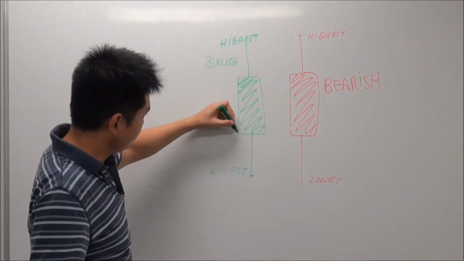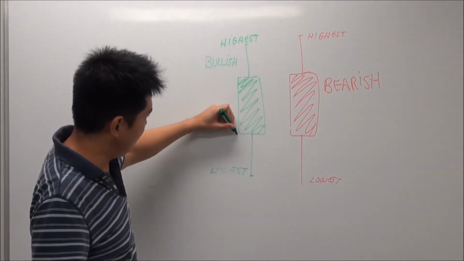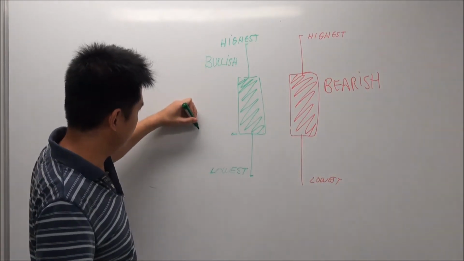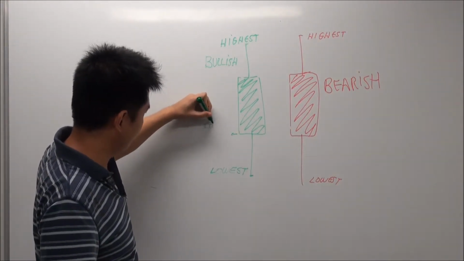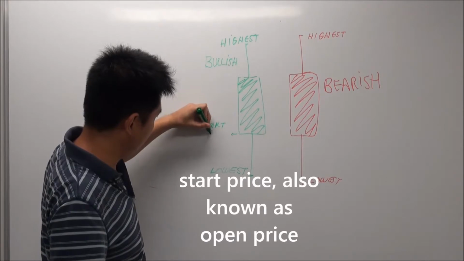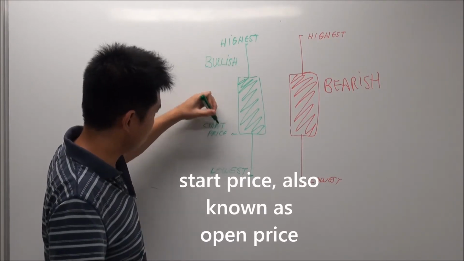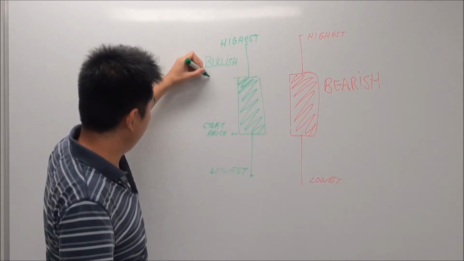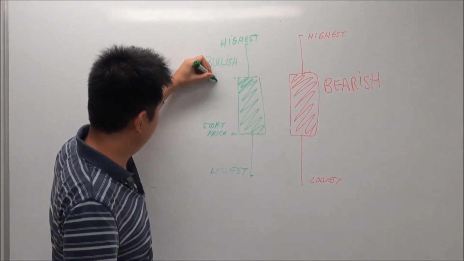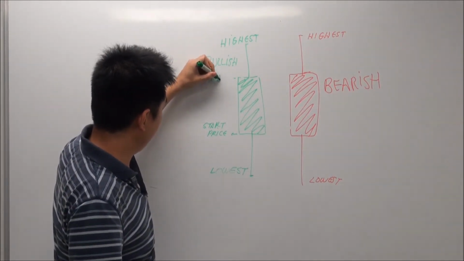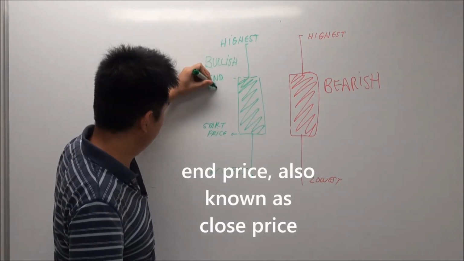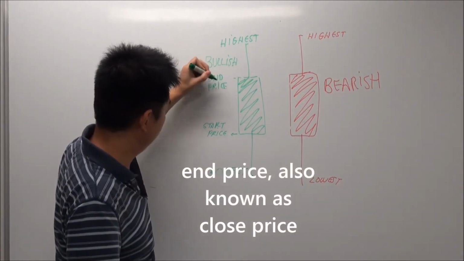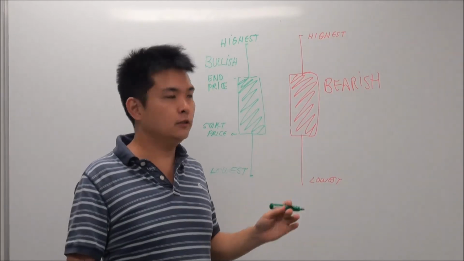Here, the bottom of the body represents the start price of the product. And here represents the end price of a certain product, so the final price of that product.